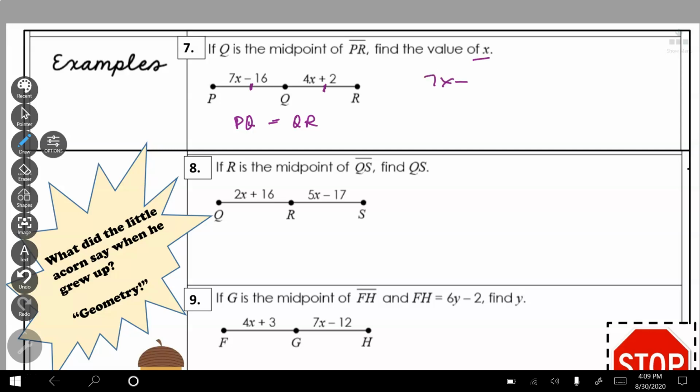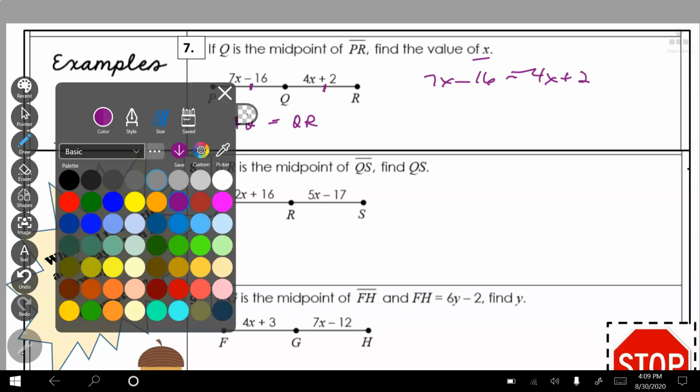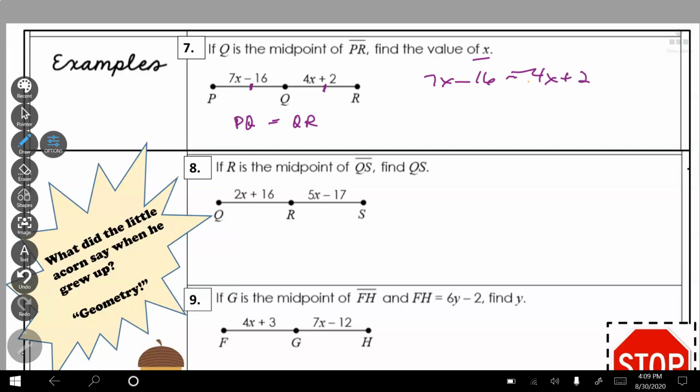I get 7x minus 16 is equal to 4x plus 2. I'll show some algebra here. I'll subtract the 4x. I'll add the 16. I get 3x is equal to 18, or x is equal to 6. Ooh, where did I go wrong? Oh, x is equal to 6. I'm right.